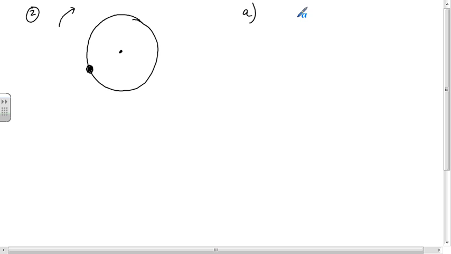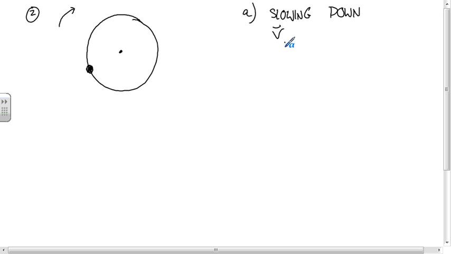So now for number 2. Say that this is moving clockwise, and let's say that we're interested in this point. So A, let's assume that it's slowing down.